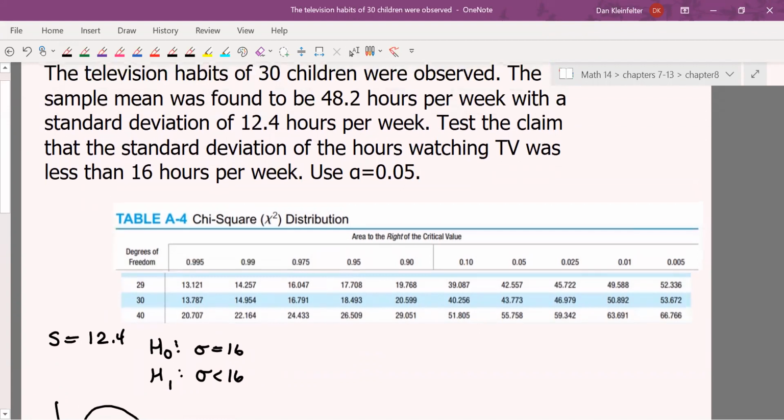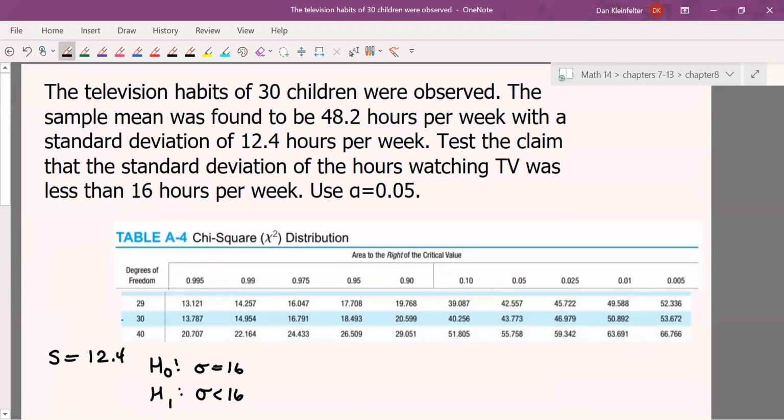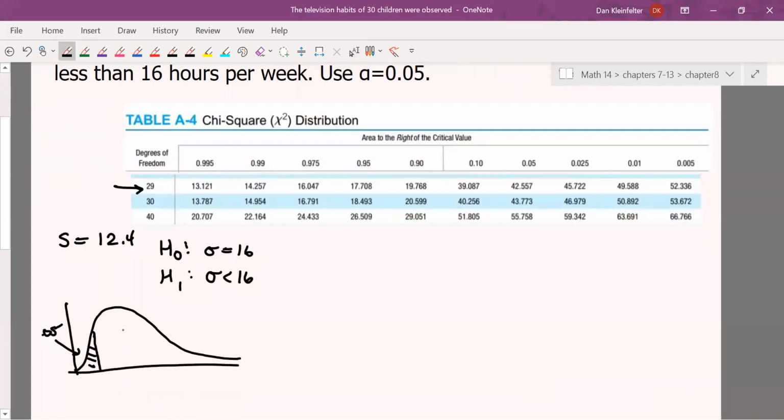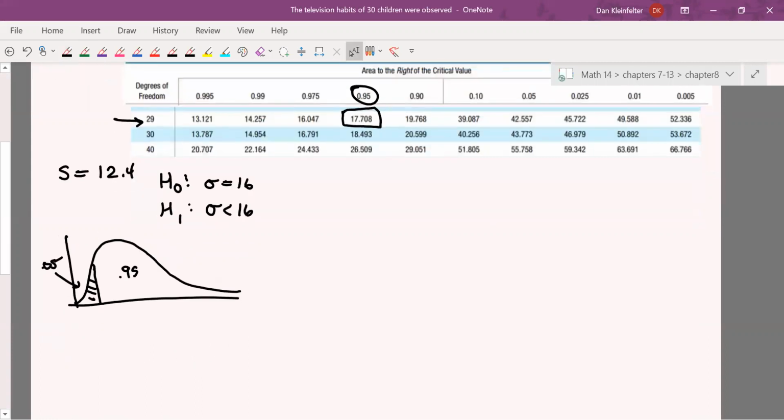Our n, 30 children, so n minus 1 is 29. If 0.05 is the area to the left, then 0.95 will be the area to the right. So that makes our critical value 17.708.